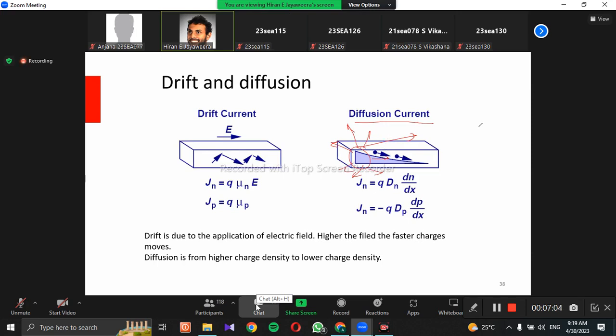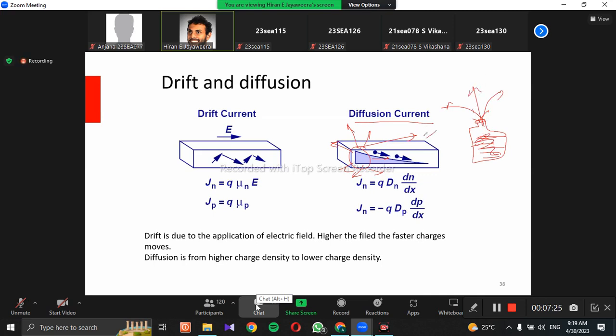Let's say you have some volatile material in a bottle, for example a cologne. If you open the lid, the particles start diffusing from high concentration to low concentration, right?